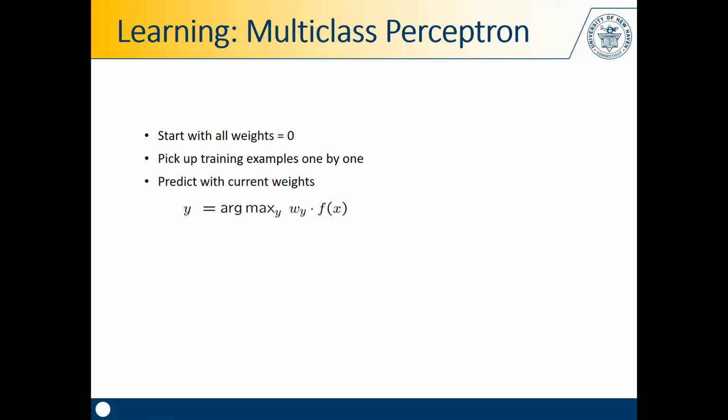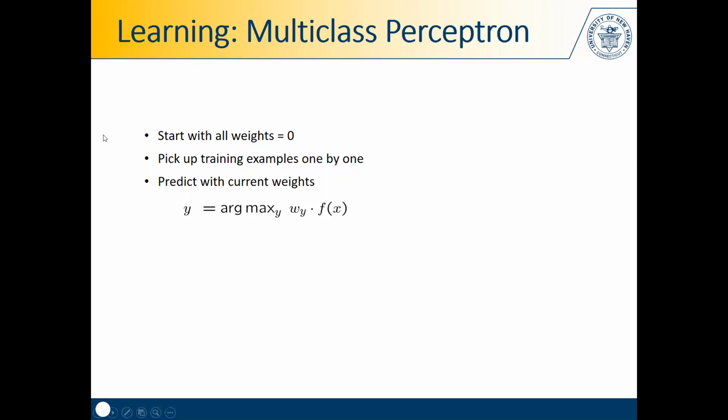All right. So how do we learn the weights for multi-class perceptron? It's similar to what we did for the binary case. We start by initializing the value of all weights to 0.